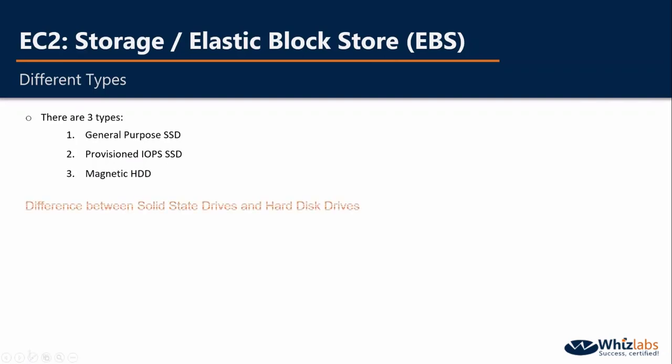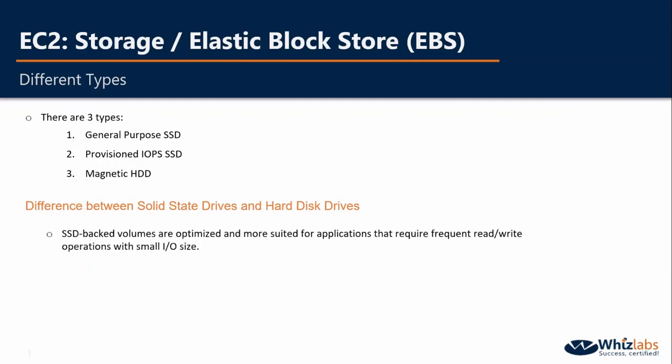Let us see some of the basic differences between the SSD and HDD. In general, solid-state drive backed volumes are optimized and are more suited for applications that require frequent read-write operations with small input-output size. So, if IOPS or input-output per seconds is the main criteria or requirement, you should be using solid-state drive rather than hard disk drive.